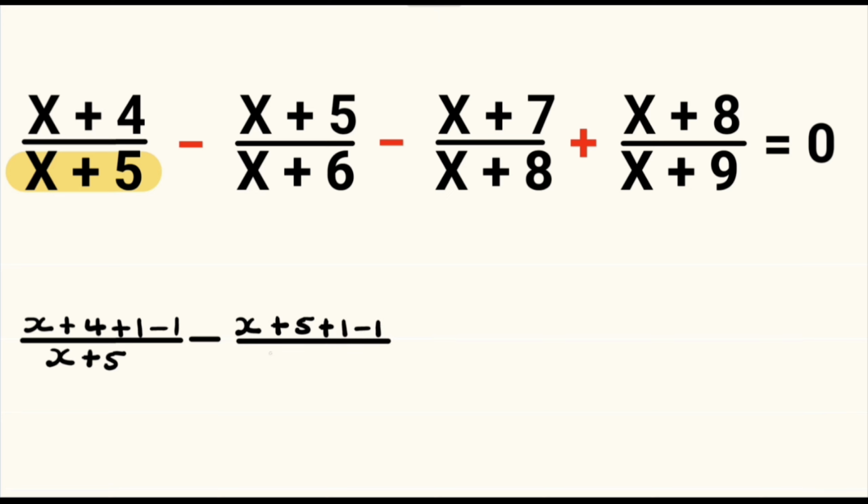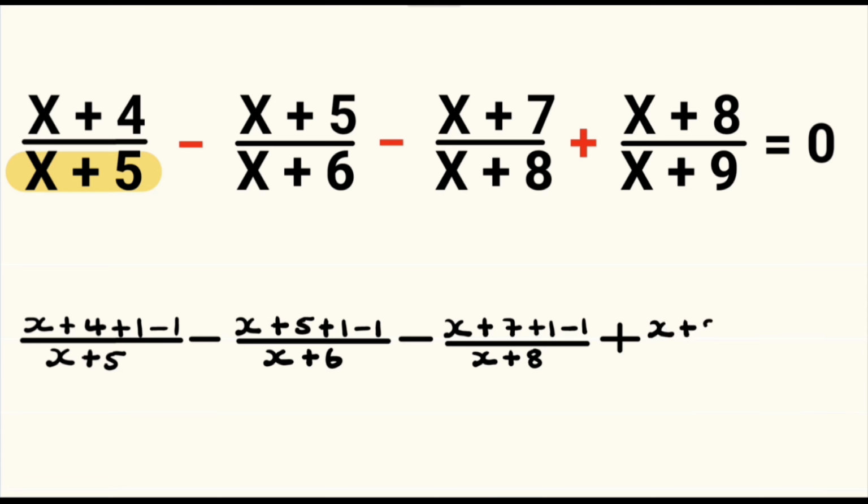This is still divided through by x plus 6, minus the x plus 7. We add 0 in the form of 1 minus 1. We divide through by x plus 8. Even on the last term, we are going to add 0 to the x plus 8 in the form of 1 minus 1. This is divided by x plus 9. This is equal to 0.